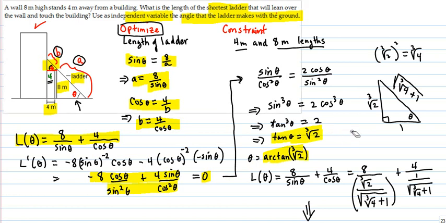So then you make a separate picture. Here's theta. Its tangent is supposed to be cube root of 2, so cube root of 2 over 1.